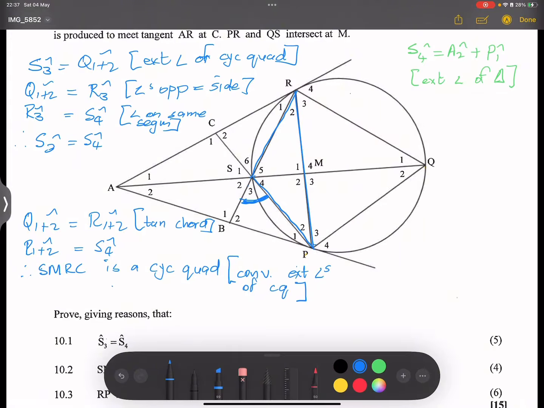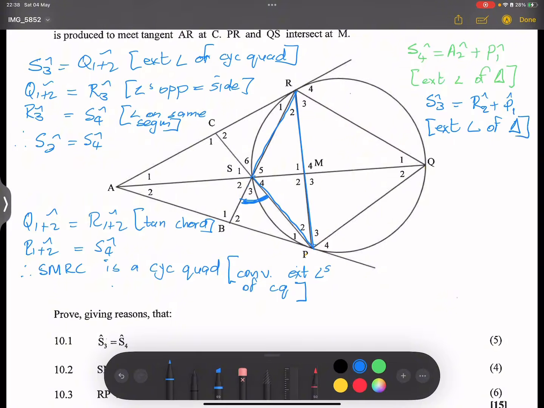So S3 would also be equal to angle R2 plus angle P1, right? Why? Also because it's an exterior angle of that triangle, right?